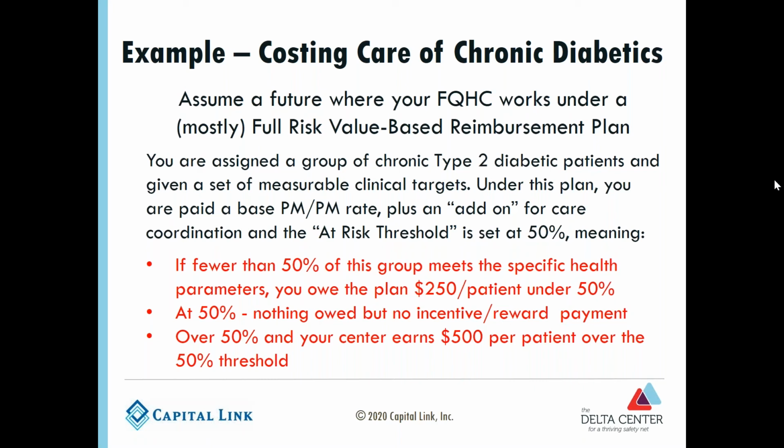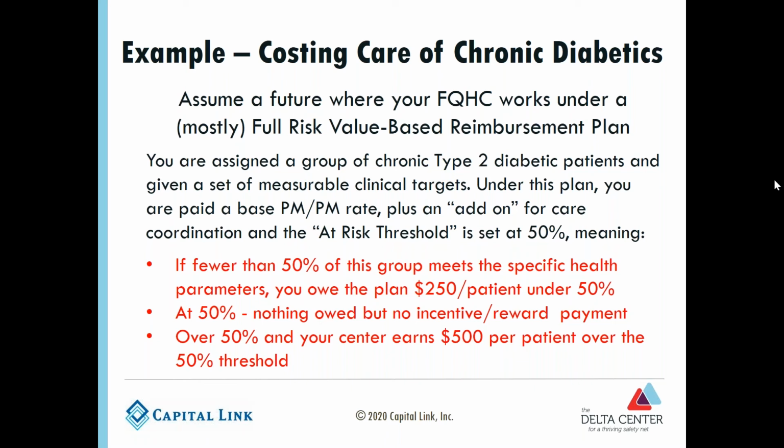The 3 scenarios are: first, you're paid a PMPM rate; second, you get an add-on for care coordination; and the third one is where you're actually at risk, with upside and downside risk. They set a target threshold for a particular set of diagnostic results. We're not going to go through that because it could vary by what type of group you put together, and even within a diabetic group it might have different elements.